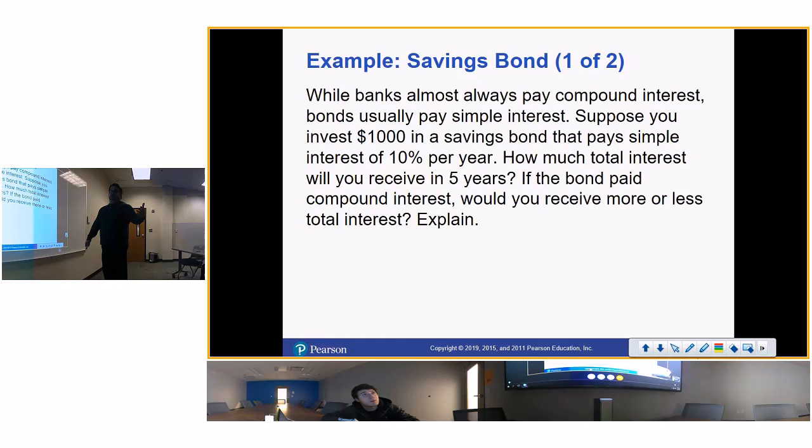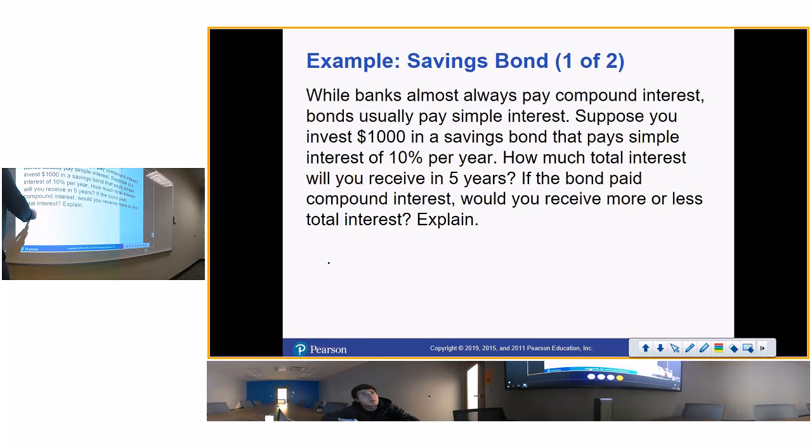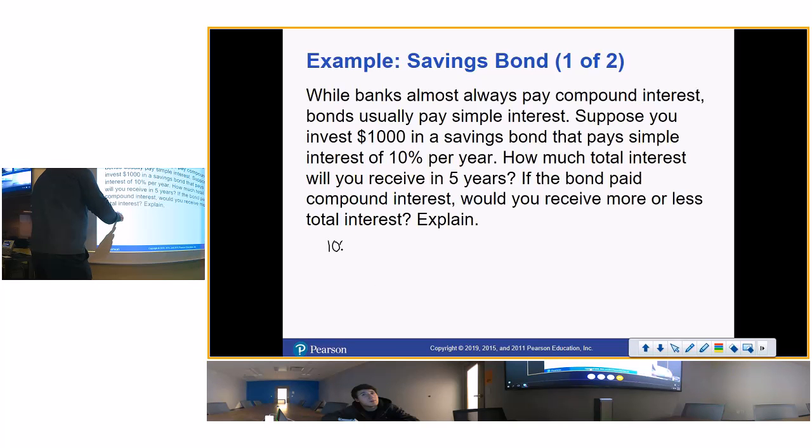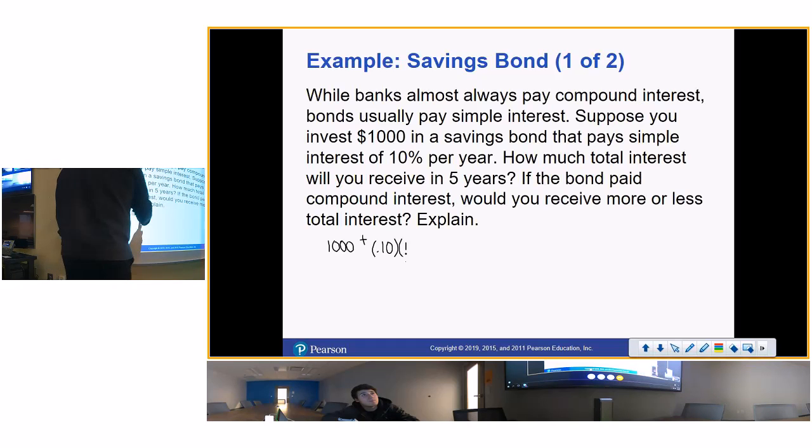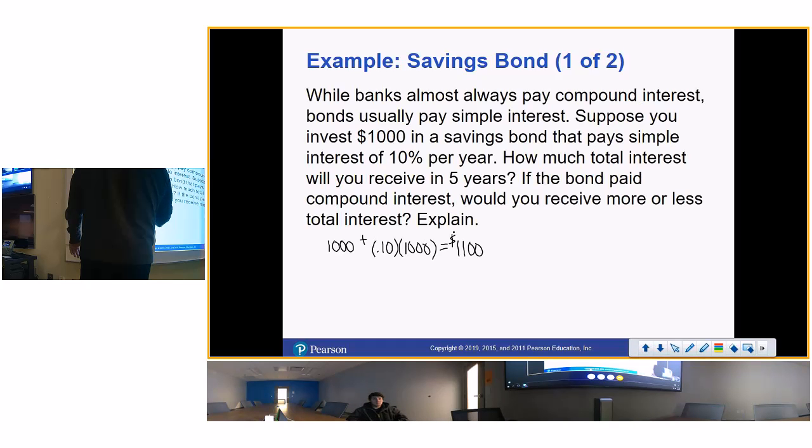So 100 plus 1,000 is what? 1,100. And then you're going to do interest on 1,100 the next year. So 1,000 plus 0.10 of 1,000 is equal to 1,100. So at the end of the first year, how much do you have?